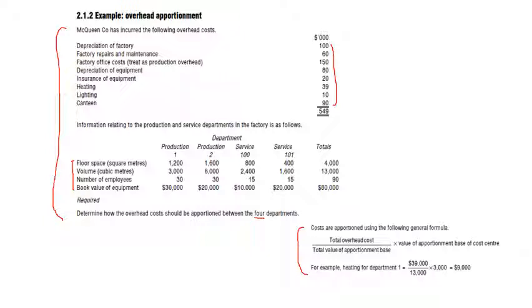For example, you have to distribute heating for department 1, and if you look at the amount in the example the book has given, they have $39,000. So $39,000 divided by the basis. The basis here is volume.